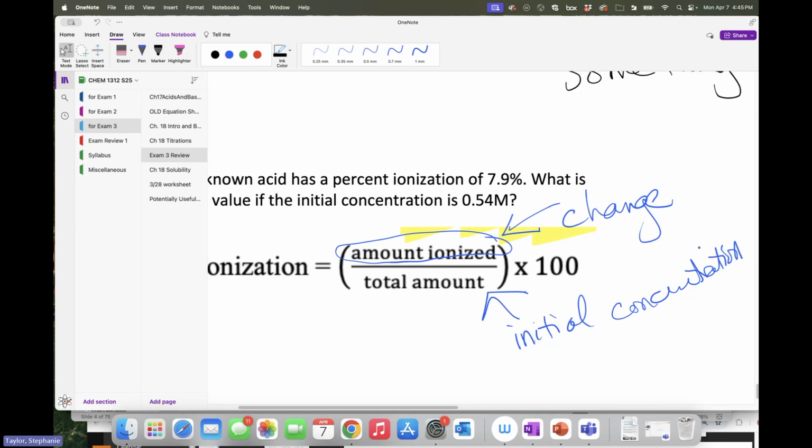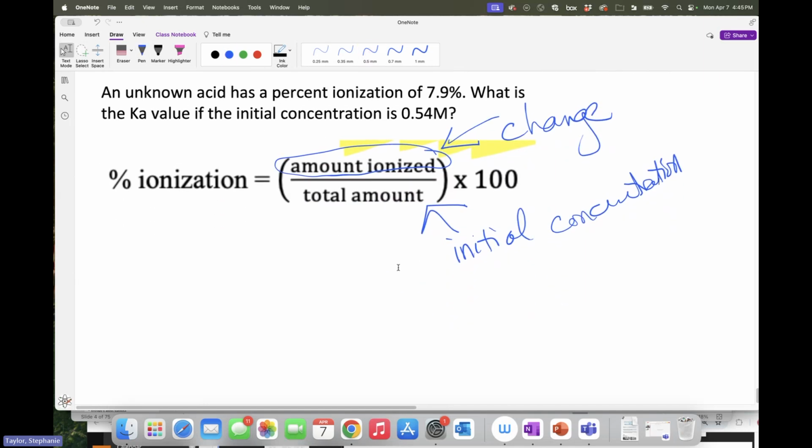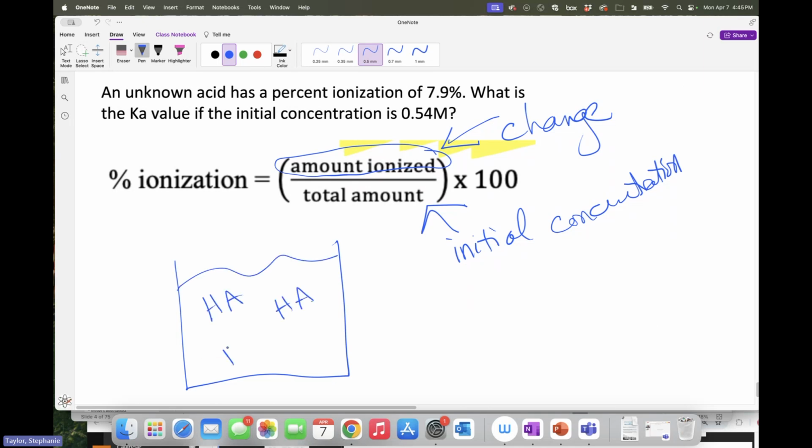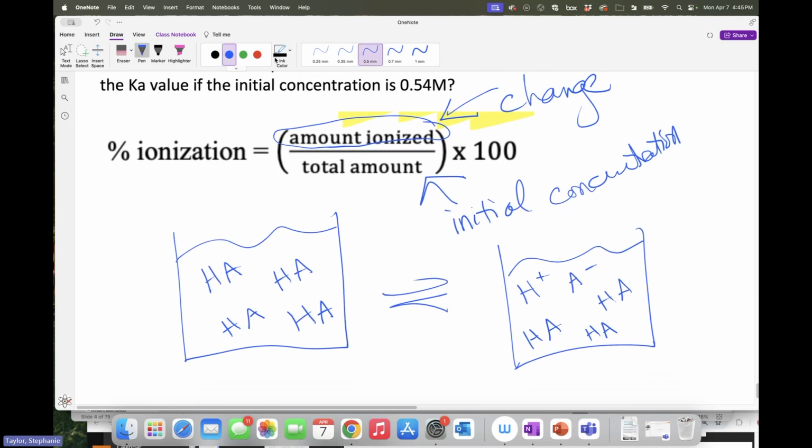I'm going to show you a picture version of this. So usually when I'm talking about percent ionization, here's my solution, and I have molecules of weak acid. I realize that it looks like the solution is laughing at you, but it's not. And then when we have this in equilibrium, I expect some of these to be ionized. So here is one ionized, and here are all of the other ones. So what I want is the amount ionized.